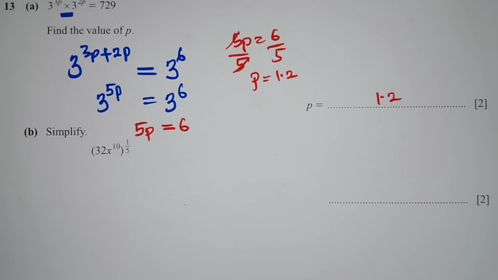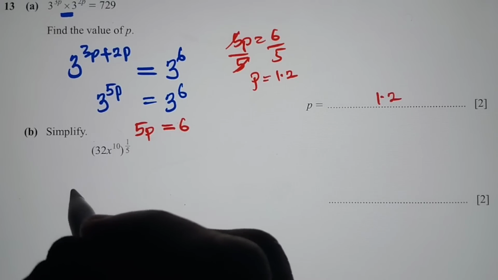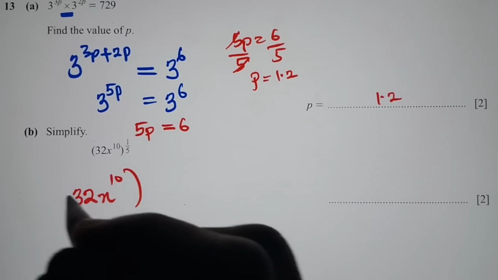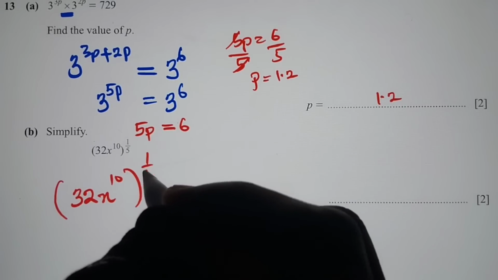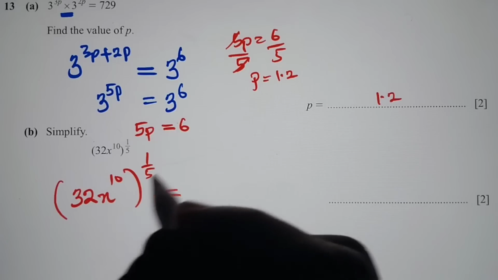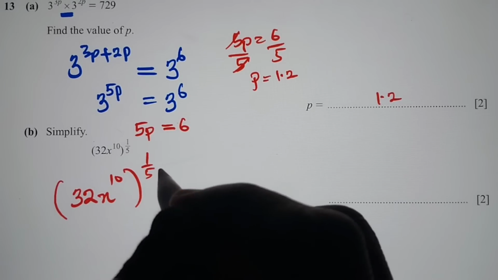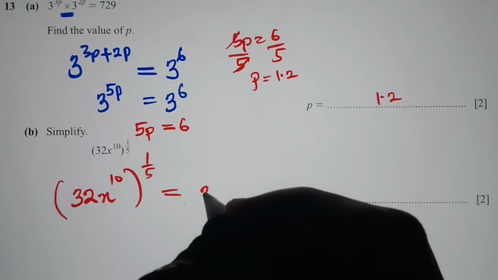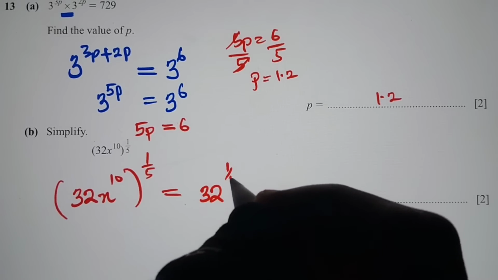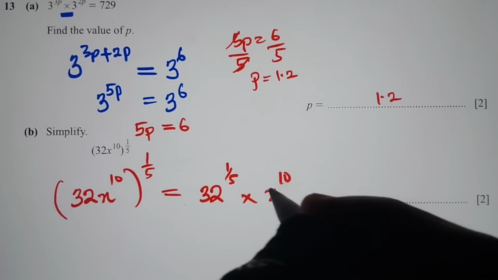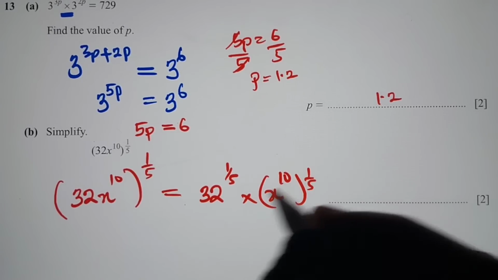The second part of that question is 32x raised to power 10, then raised to power 1 over 5. Remember, when you are splitting brackets, each of the items in the brackets must have the power. So you have 32 raised to power 1 over 5 times x raised to power 10 raised to power 1 over 5.